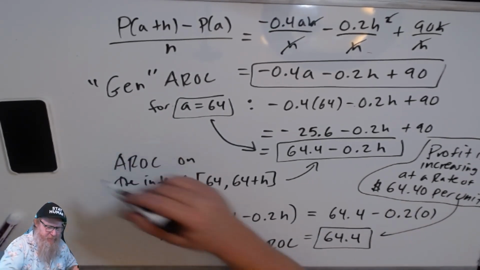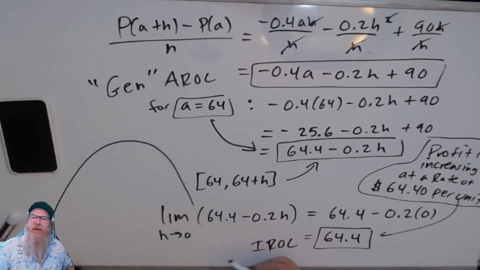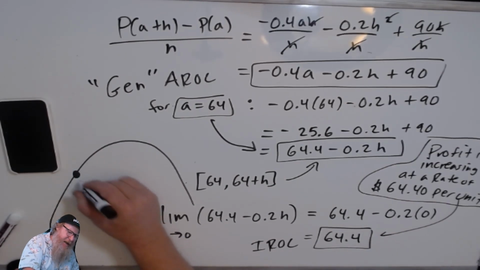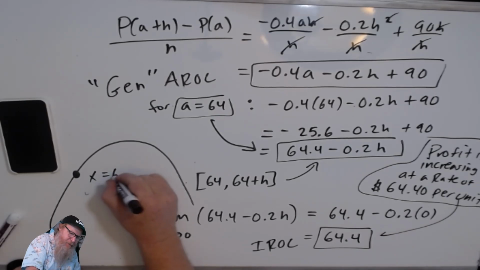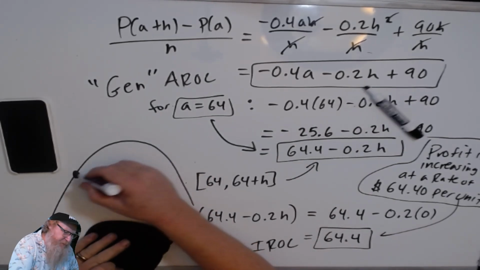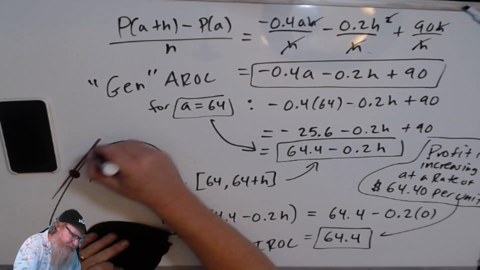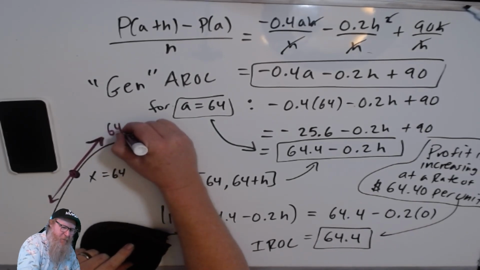So remember what all this looks like in the graph. This is like a big curve here. And so basically we're saying at this point, when x is equal to 64, the slope of the tangent line is 64.4.